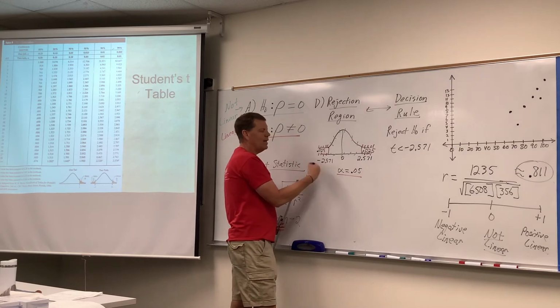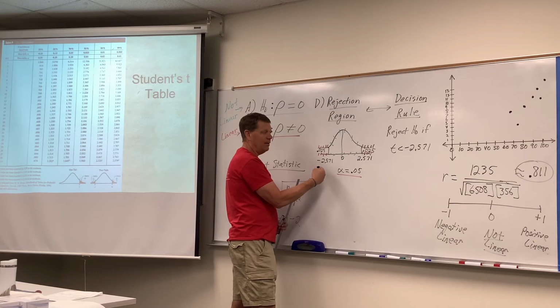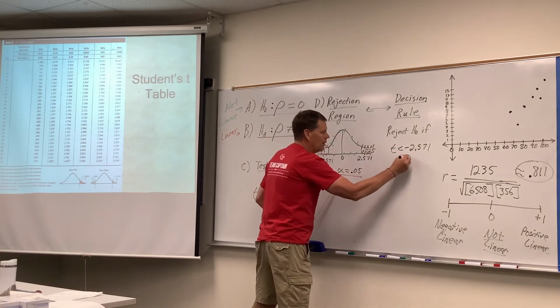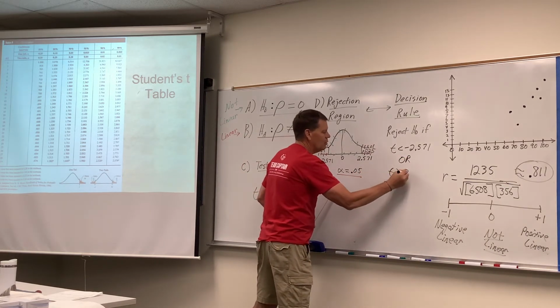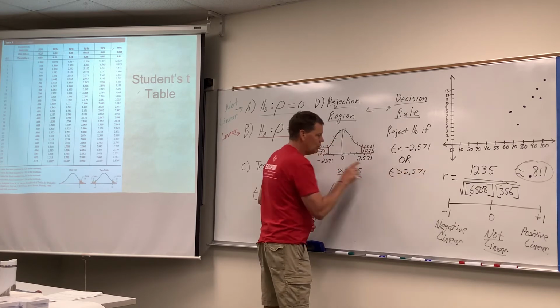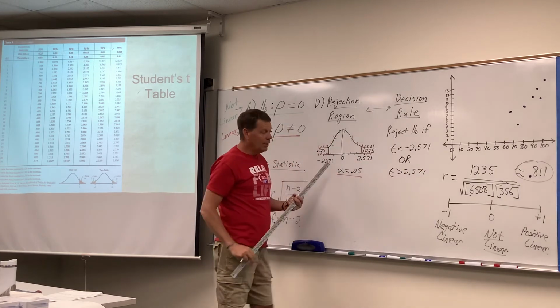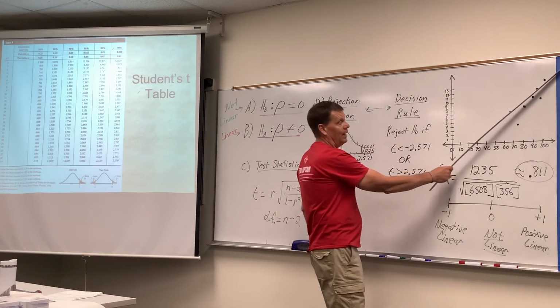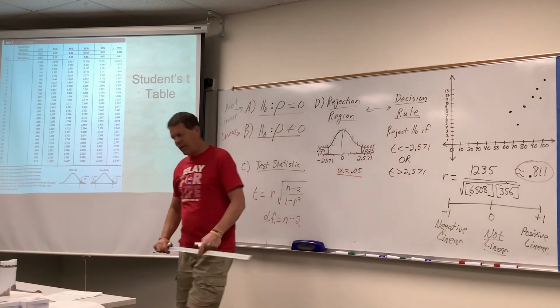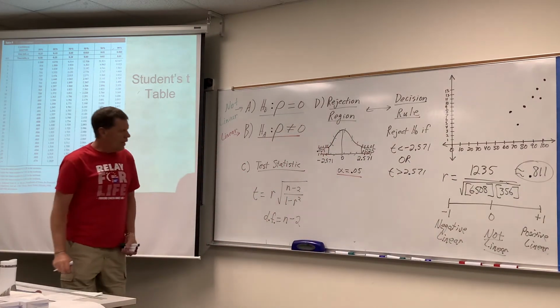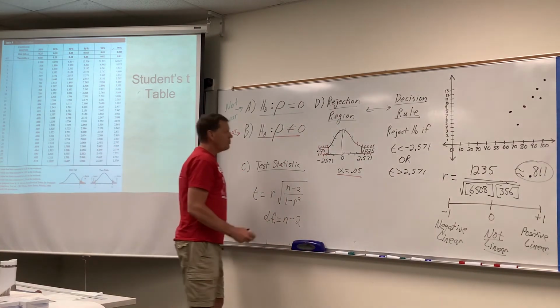That would mean that they have a negative linear relationship because it's on the negative side. Or it'll be greater than 2.571, which would indicate that they have a positive linear relationship. Looking at the picture, if it's going to happen, it's probably going to be on the positive side, don't you think? Okay, so there's that.